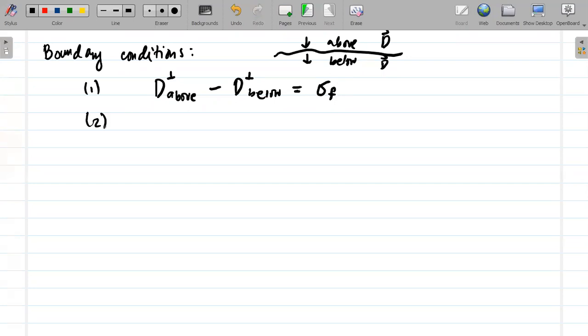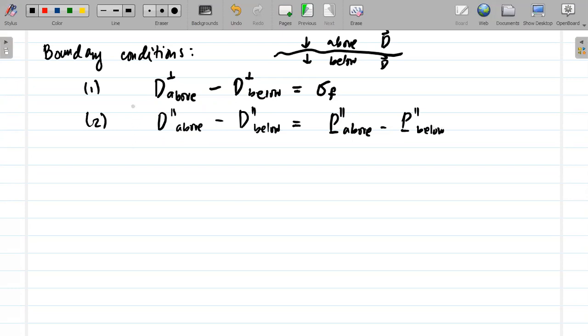And number 2, di ba class last time meron tayong sigma over epsilon naught sa electric fields? So, parang nawala lang din yung epsilon naught dito sa electric displacement natin. So, number 2, the parallel component of D above minus the parallel component of D below, that is equal to the parallel component of the polarization above minus the parallel component of the polarization below.